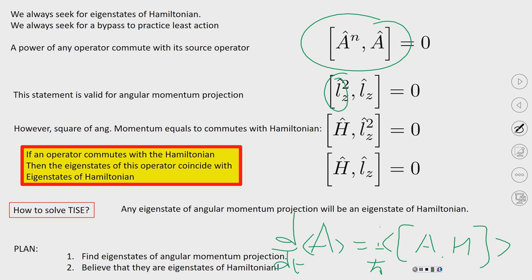Therefore, instead of finding eigenstates of the Hamiltonian, we can find eigenstates of the LZ projection. So instead of playing with the second derivative, we will play with the first one, which is always easier. So here's our plan. We find eigenstates of LZ, and then we will start believing that these eigenstates are also eigenstates of the Hamiltonian.